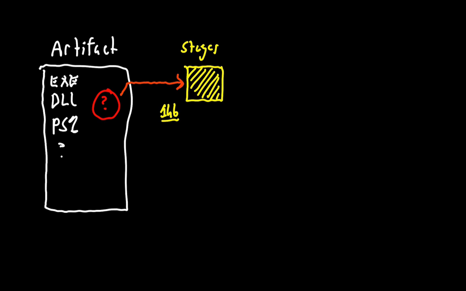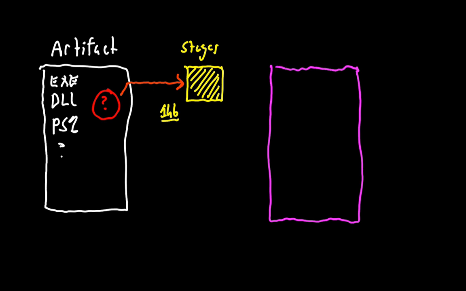And what a stager does is, in turn, it reaches out to the internet and it downloads a payload stage. And this is the actual beacon DLL. So it actually downloads the payload stage and passes execution to it at position 0.